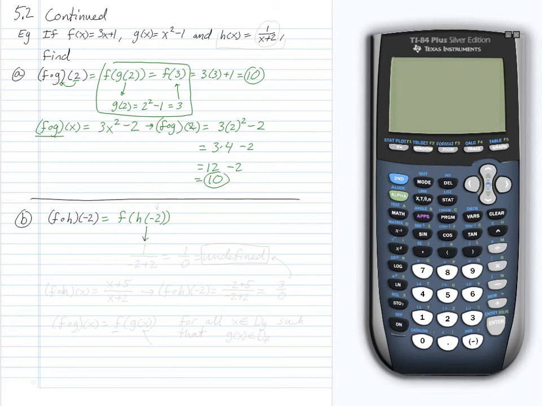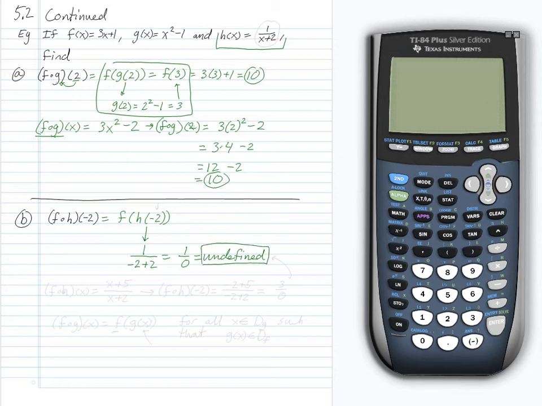So that would be plugging negative 2 into our formula for h. So negative 2 plus 2 in the denominator. Well, that's 1 over 0, that's undefined. I can't plug undefined into my function f, so this has no answer.